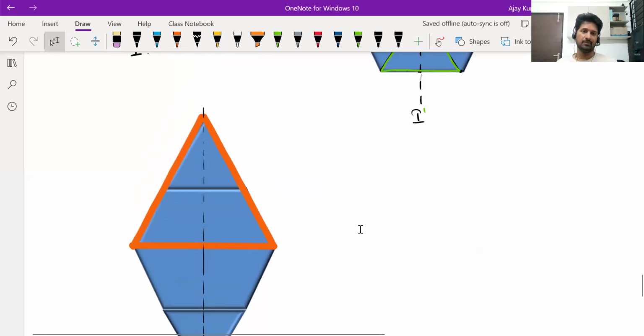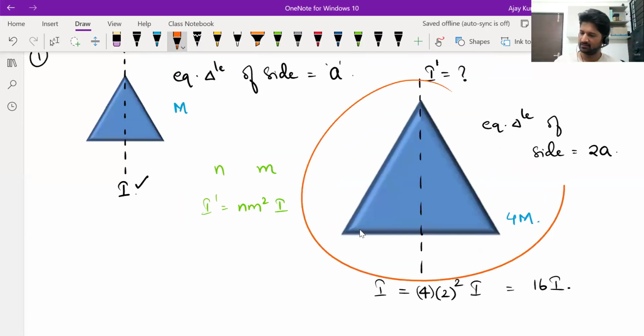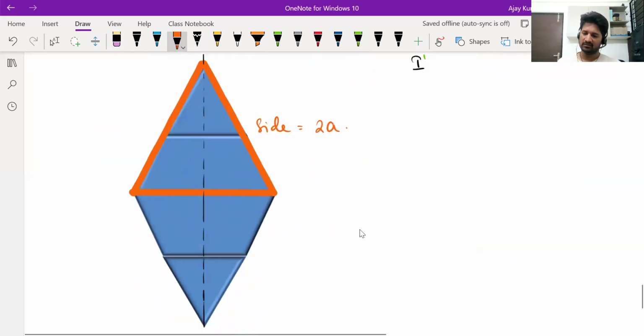And that upper part is an equilateral triangle of what side? 2A. And we know its moment of inertia. If for that one small triangle it is I, then for this big triangle of side 2A, it is 16I. Therefore, this upper part's moment of inertia is 16I. The lower part's moment of inertia also will be 16I.